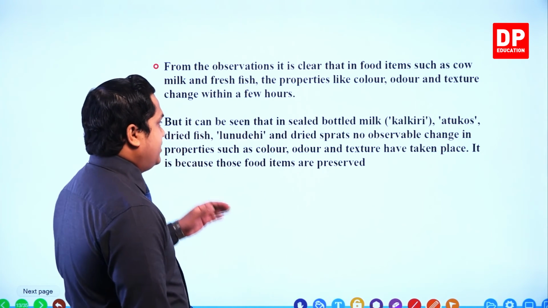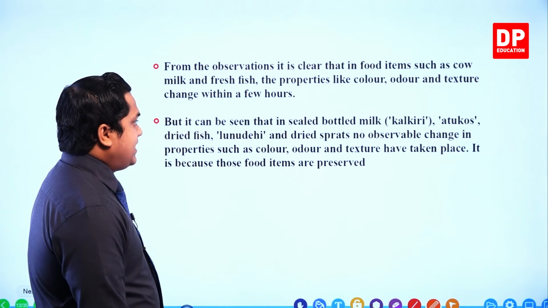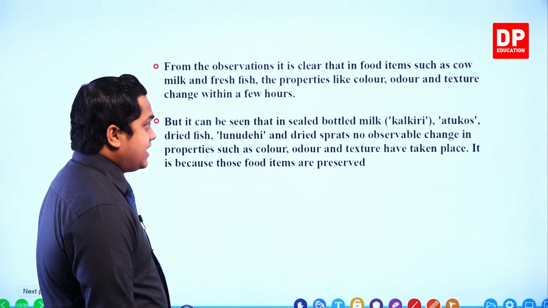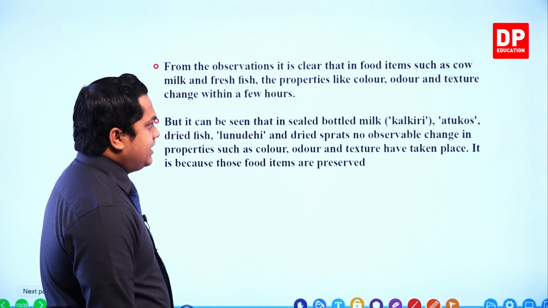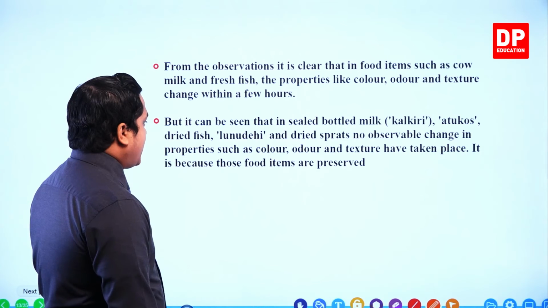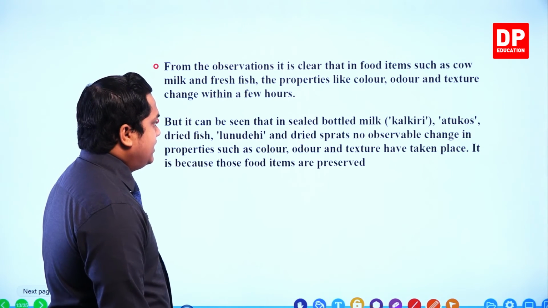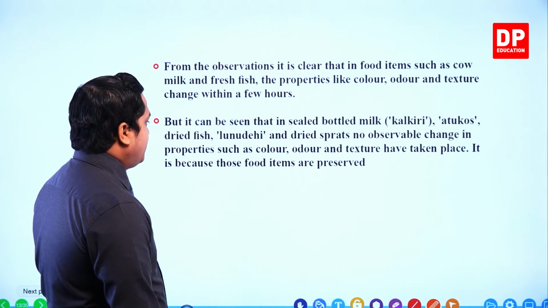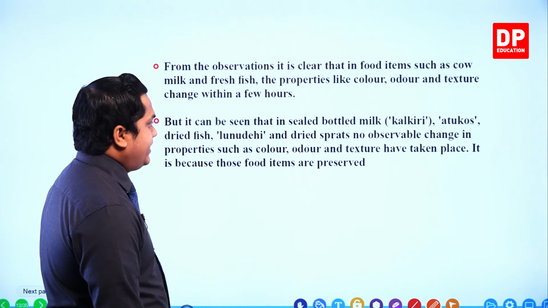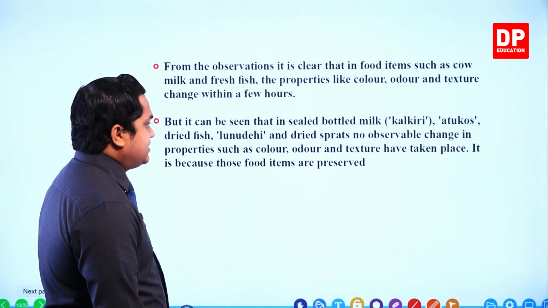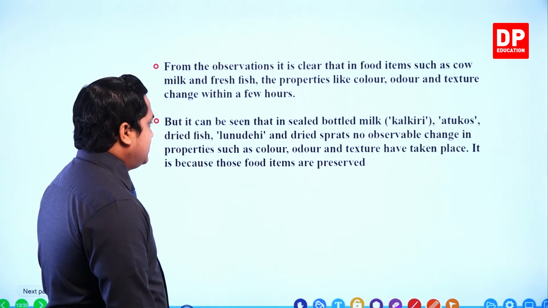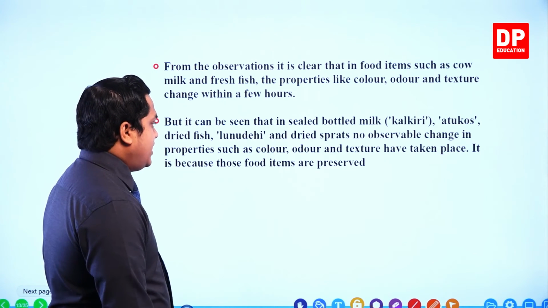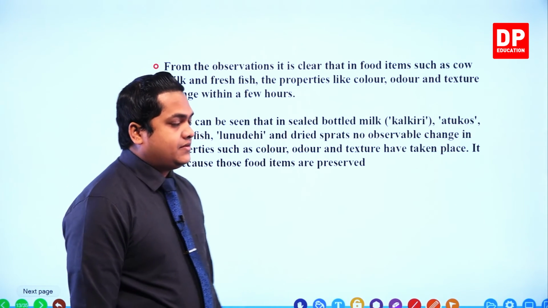But however, my dear children, it can be seen that in sealed bottled milk, sterilized milk or kalkiri, atukos, dried fish, lunudehi and dried sprats, no observable change in properties such as color, odor and texture has taken place. It is because those food items were preserved.